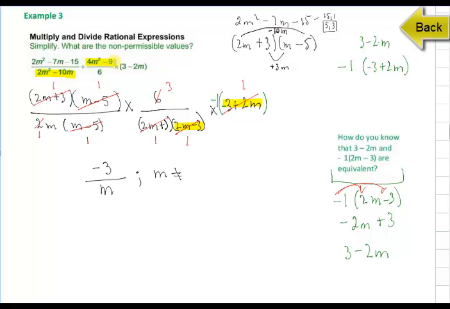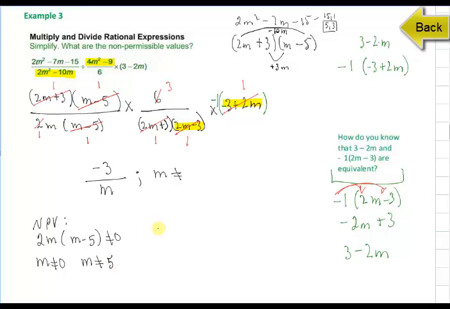If I'm going to work out my non-permissible values, so for 2m squared minus 10m, that's 2m times m minus 5, and so I can see that for the 2m, m is not equal to 0. Okay, and the m is also not equal to 5, right?